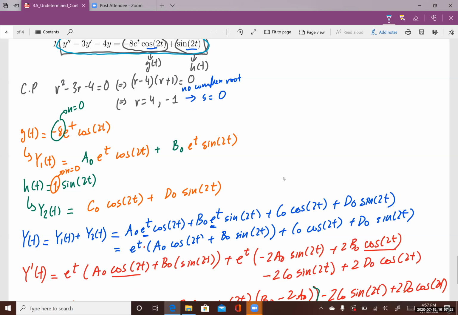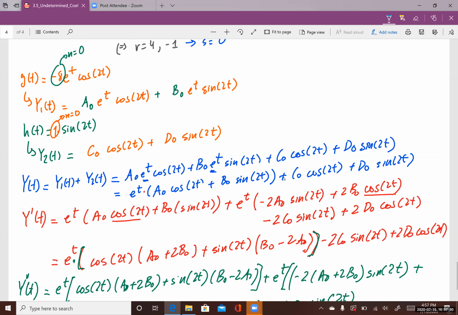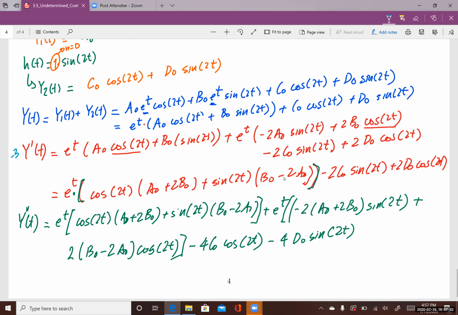So this should be y double prime minus 3y prime minus 4y, and the minus 3 is going to be negative 3 here, and it's going to be negative 4 here if you multiply all of them together, right?